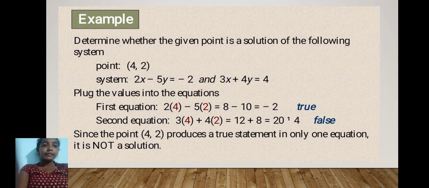Hence the first equation is a true equation. The second equation is 3(4) + 4(2) = 12 + 8 = 20. Hence the second equation is a false equation. Therefore, since the point (4, 2) produces a true statement in only one equation, it is not a solution.